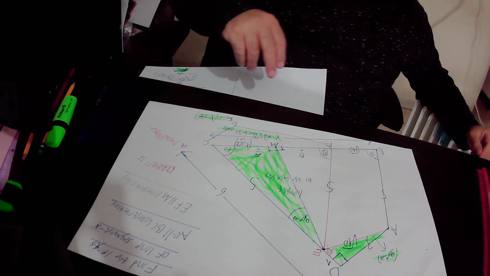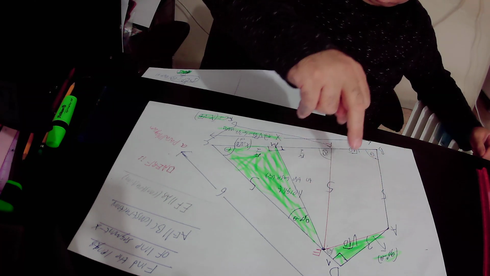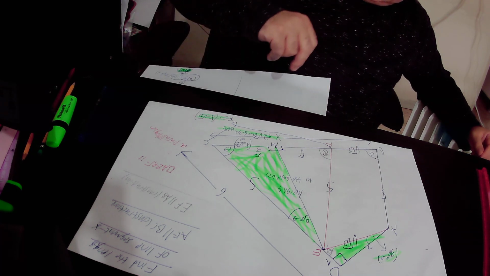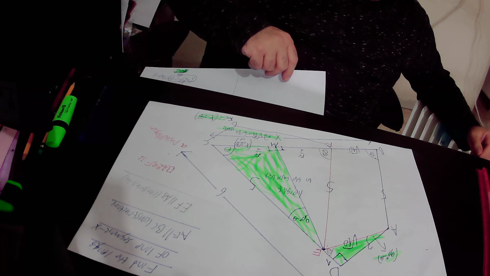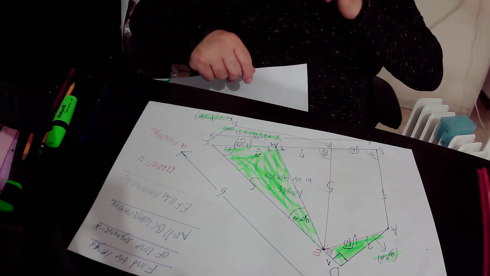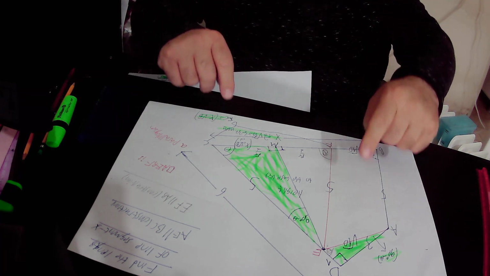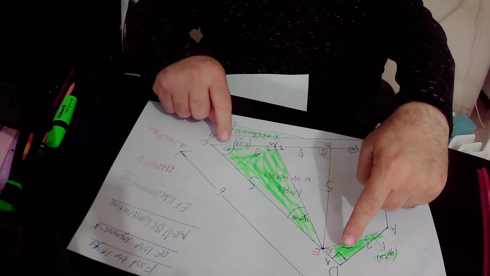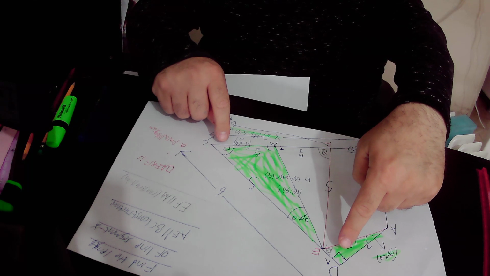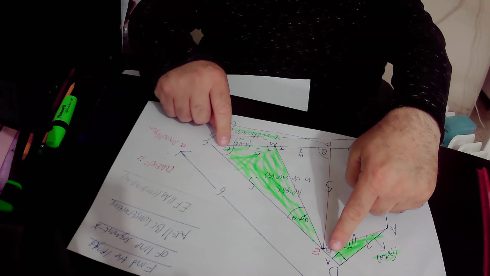Likewise, according to our construction, AE is parallel to BC. Therefore, according to rule number 3, those two angles that are defined as corresponding angles that are located between the parallel lines AE and BC will be equal to each other.